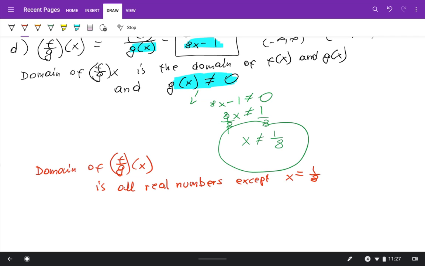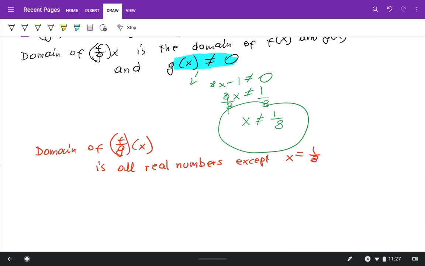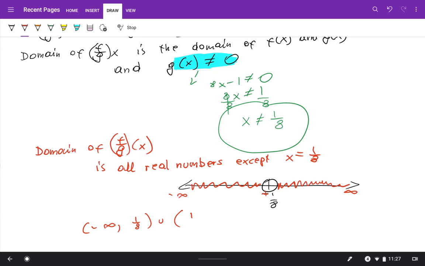Okay, so we all need to do that extra work for the quotient and what that means on the number line. So we know that x cannot be equal to 1 over 8. So this is your domain. All real numbers except, I'm sorry, except 1 over 8, which if you want to write the intervals, you will represent that as an interval from negative infinity to 1 over 8 union 1 over 8 to positive infinity.